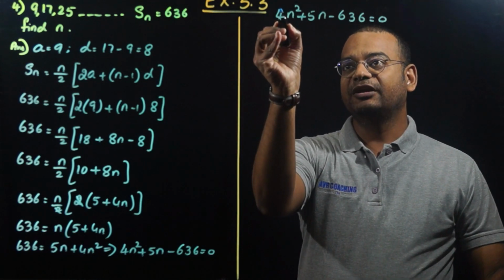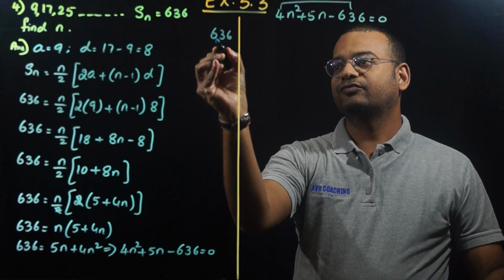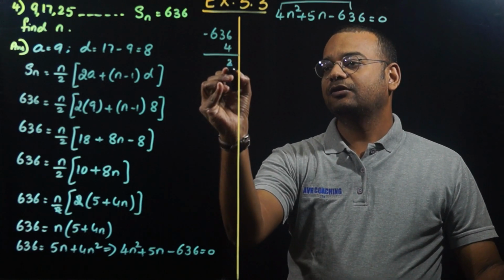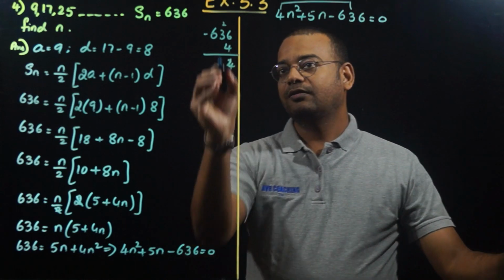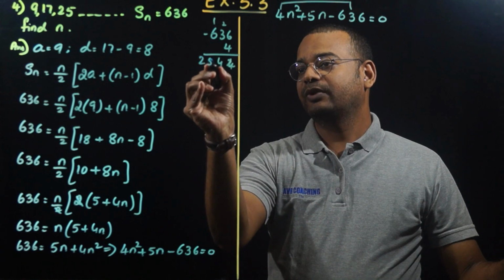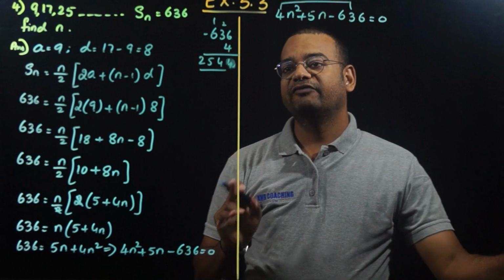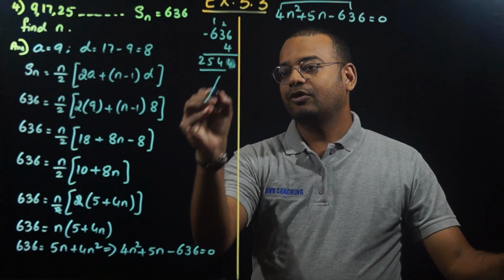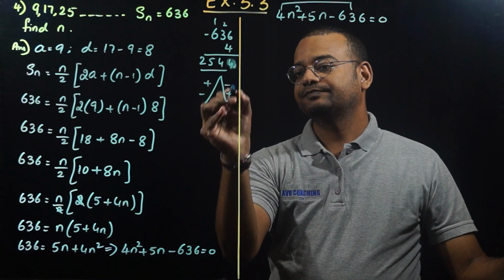For splitting of the middle term, we first multiply the first and last terms, that is minus 636 into 4. So 6 fours are 24, 6 threes are 18, 4 threes are 12 plus 2 is 14, 6 fours are 24 plus 1 is 25. The answer is 2544. So when we multiply, we should get 2544, and because the middle term is plus and the product is minus, we will take plus into minus.